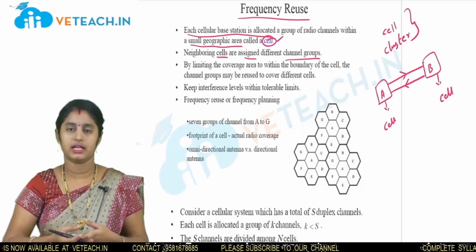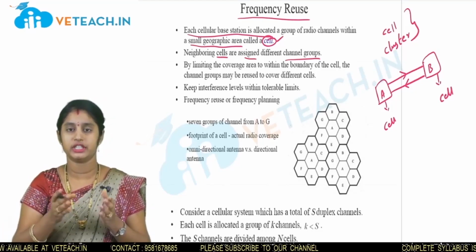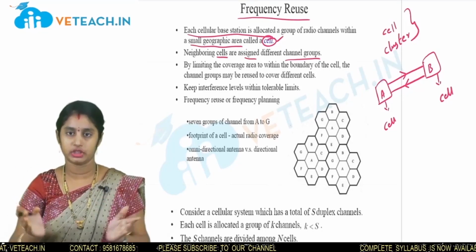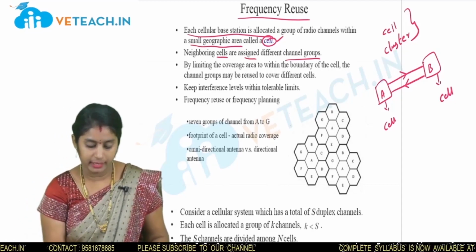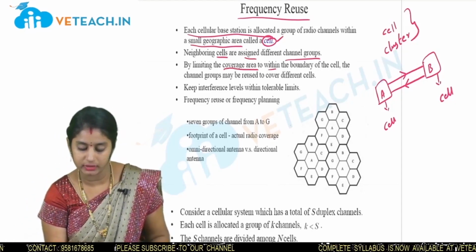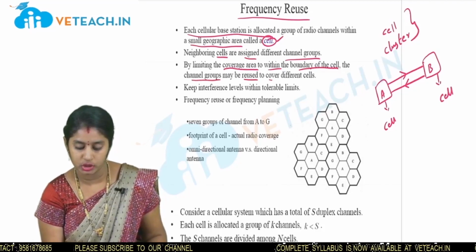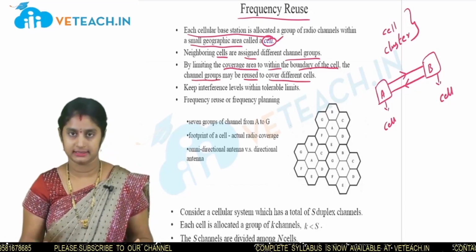Whatever the position it may be, each and every cell will be attached nearly in a particular geographical area. By limiting the coverage area within the boundary of the cell, the channel groups may be reused to cover different cells.